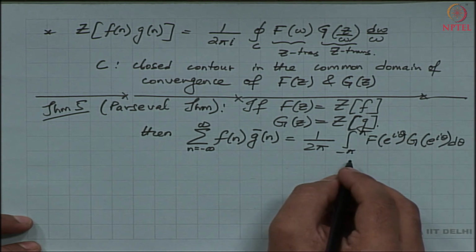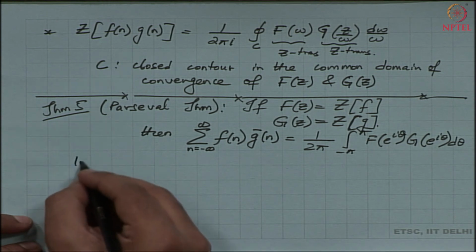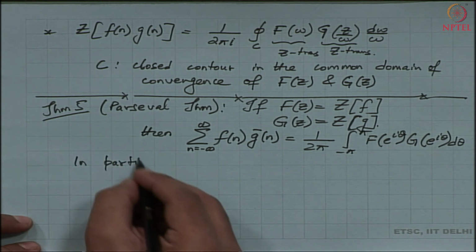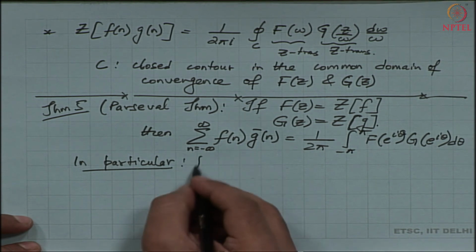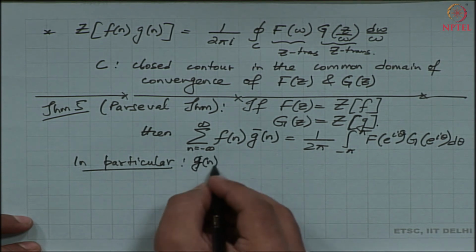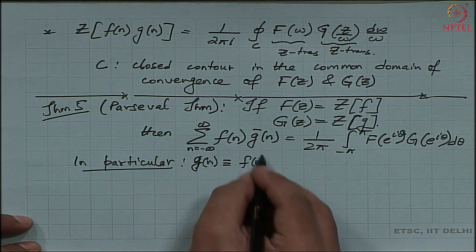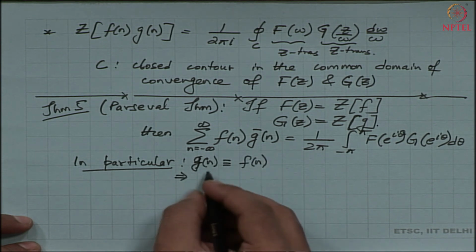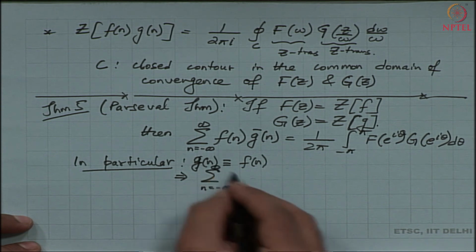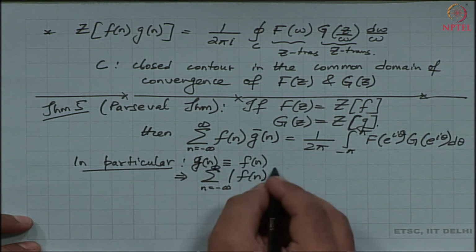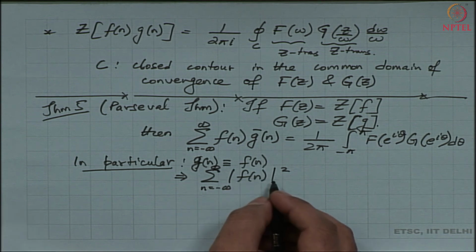Okay. So, let me highlight the particular case of this Parseval's theorem. If g is identically equal to f, then the left hand side is nothing but the summation of the absolute value of f squared.